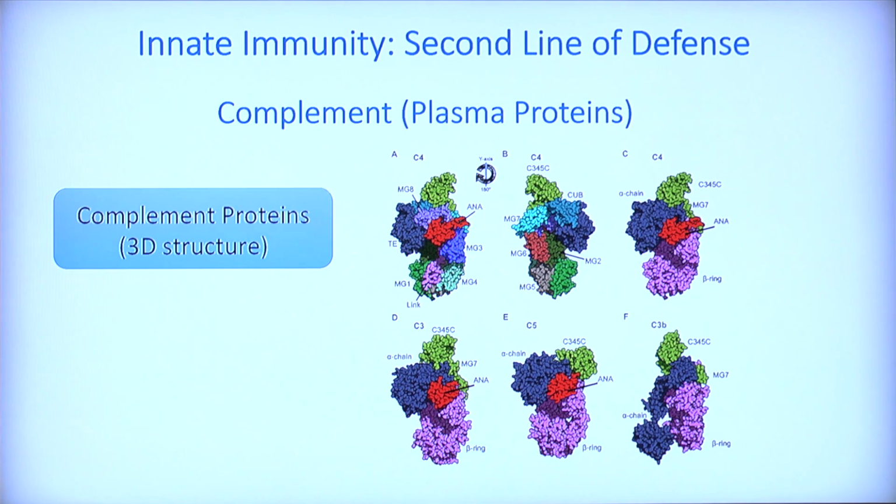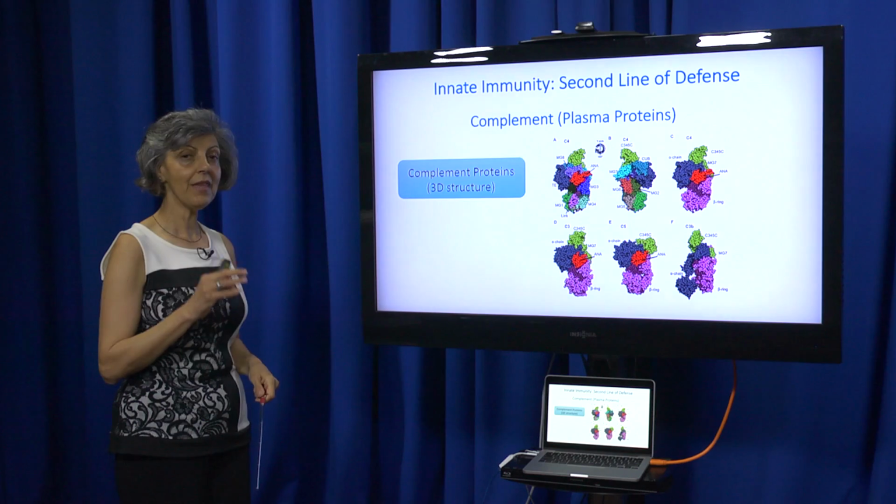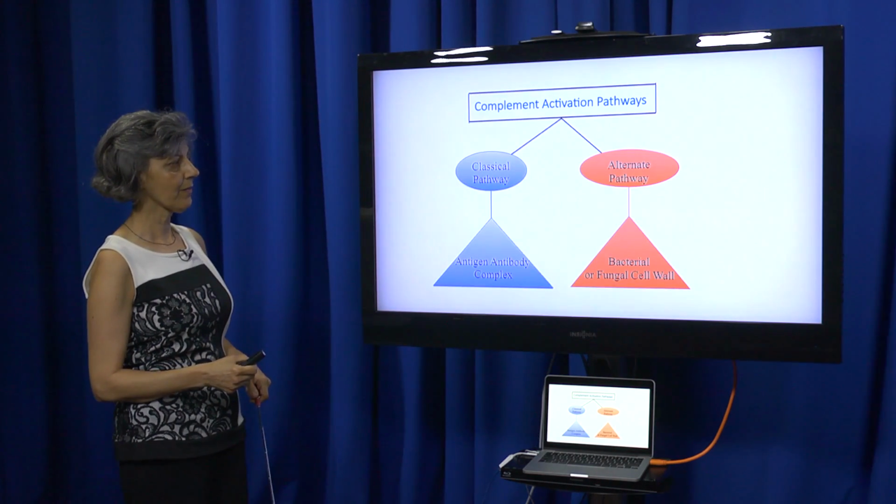So what are they? They are circulating proteins in the plasma that circulate in an inactive form if there is no invasion in the body. But they will become activated if they sense the need to do that.